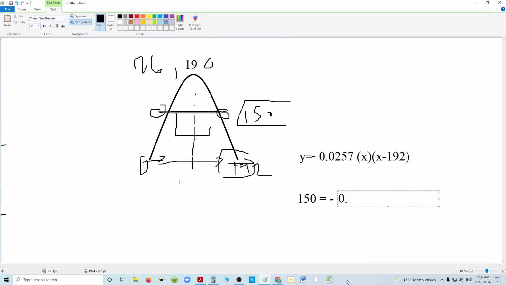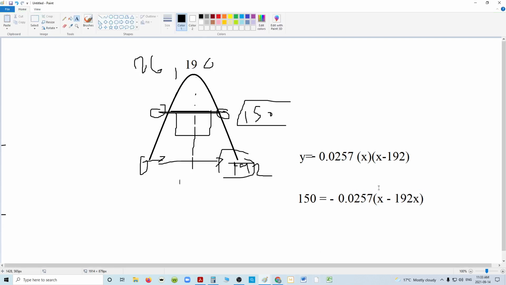Negative 0.0257 times. When I expand this, I get x squared minus 192x, and there's no y-intercept. Remember that this is squared. And then when I expand it, I get another number.